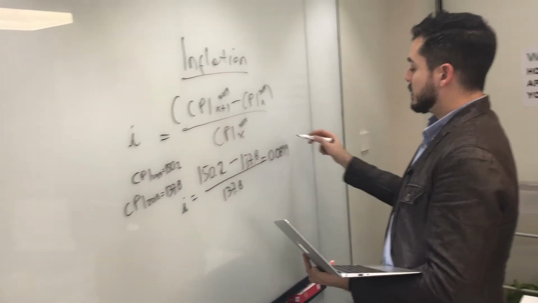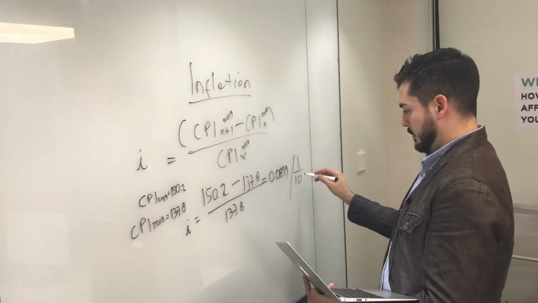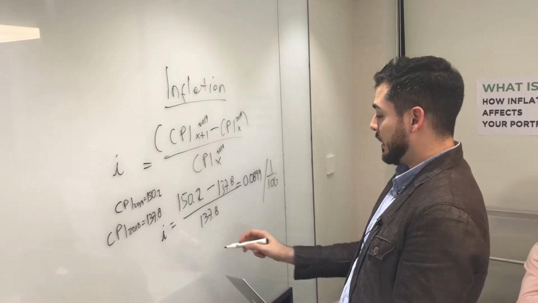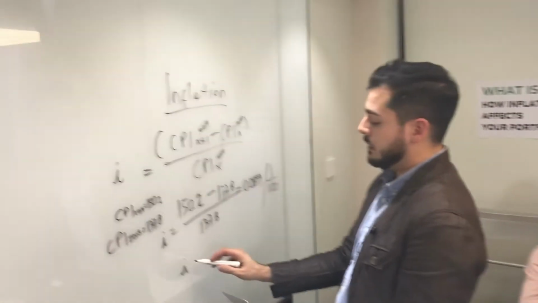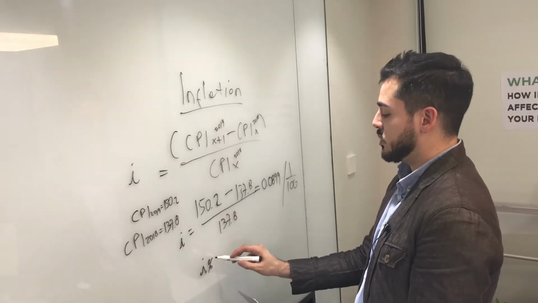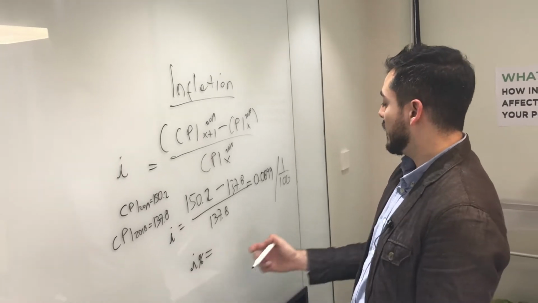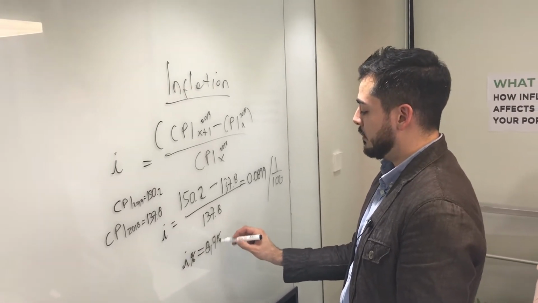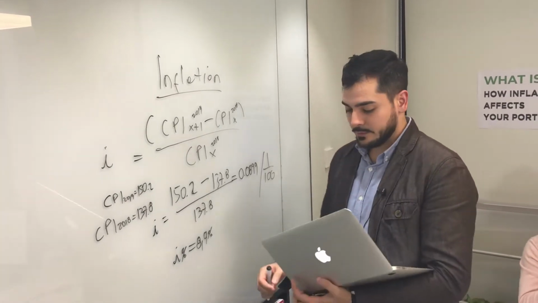Now we multiply by 100 so we can calculate the percentage. 8.9. So the inflation rate will be 8.9%, almost 9%.